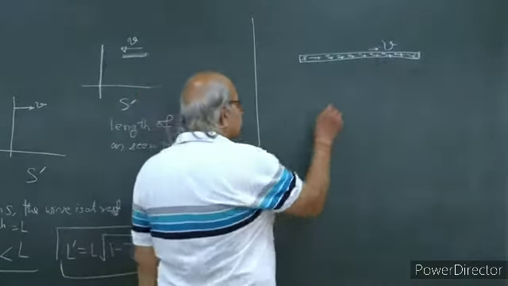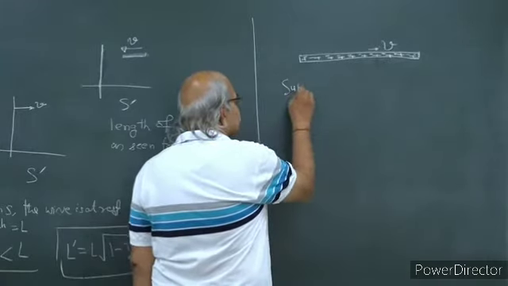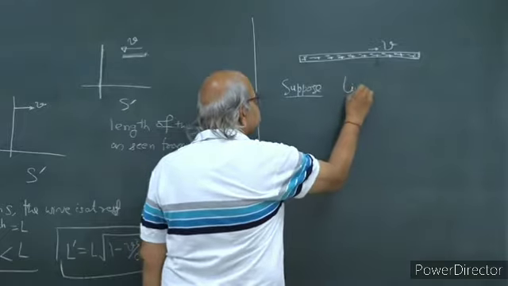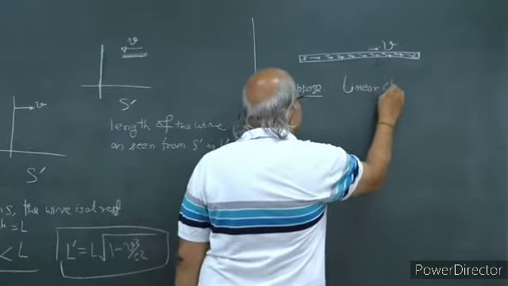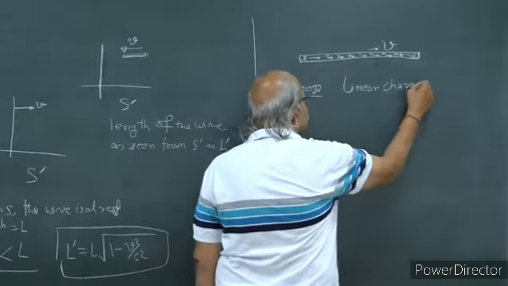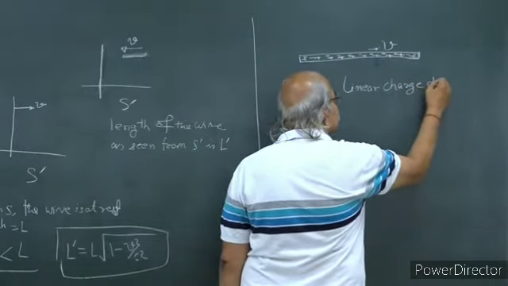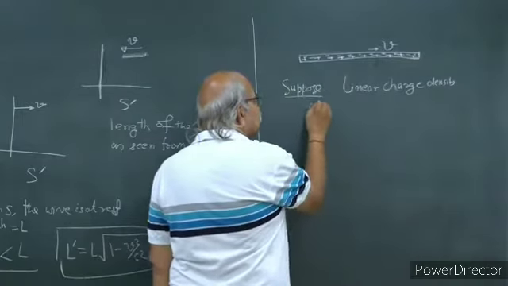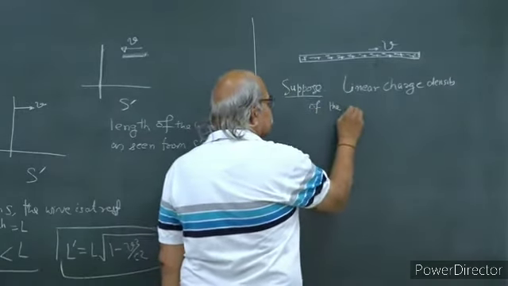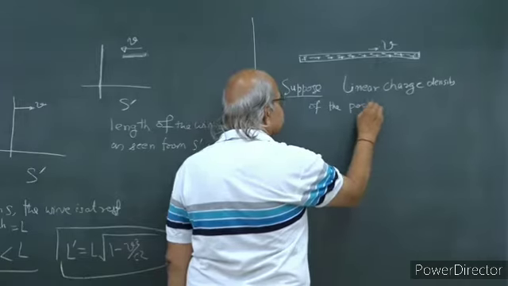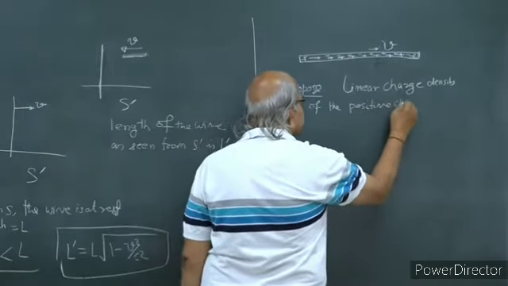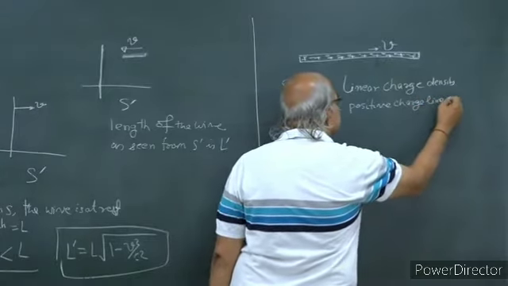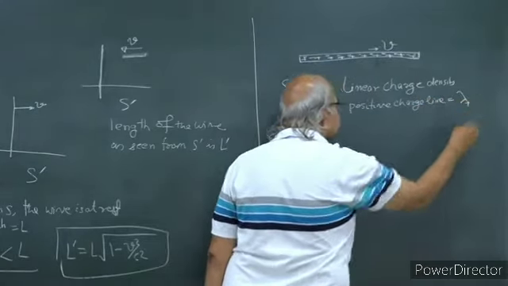Now, let us suppose that the linear charge density of the positive charge line is lambda plus.